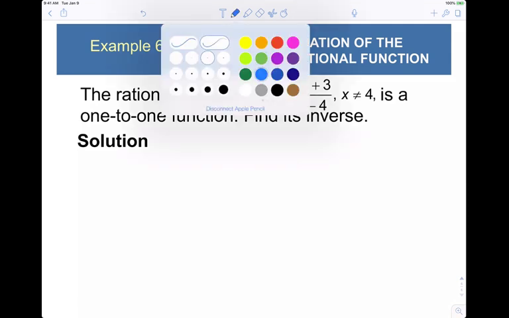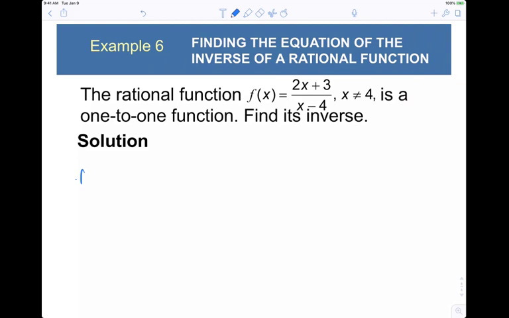So let's get a copy of the original. We have this, f of x equals (2x plus 3) over (x minus 4). We should identify the domain and range. Notice that the domain of this says that x is not 4.